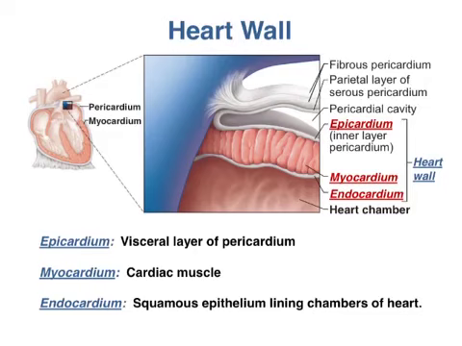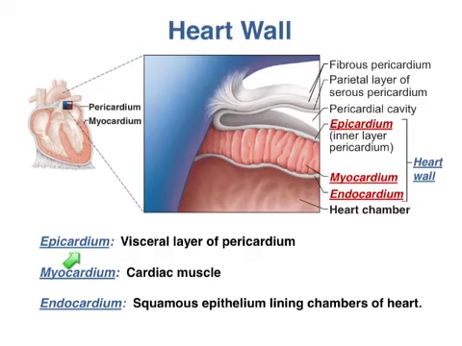The visceral layer of the pericardium is actually a part of the heart wall itself. It's the outermost layer, simple squamous epithelium, and it's referred to as the epicardium. So just like the epidermis is the outermost layer of your skin, the epicardium is the outermost layer of the heart.